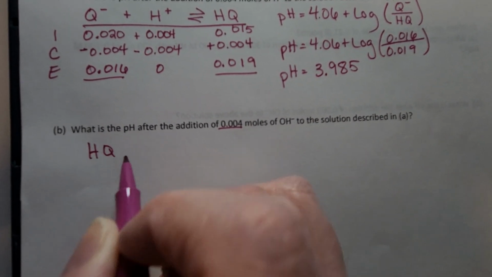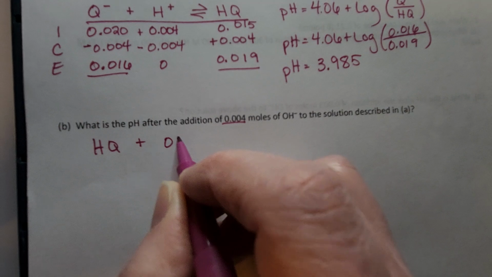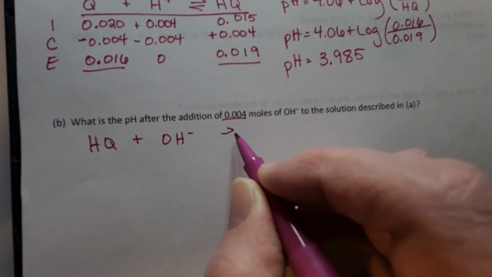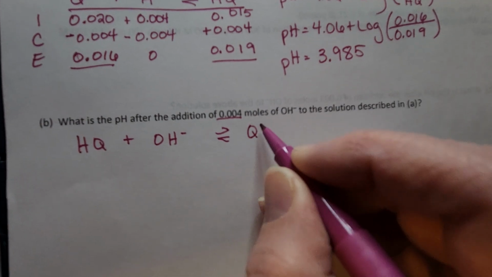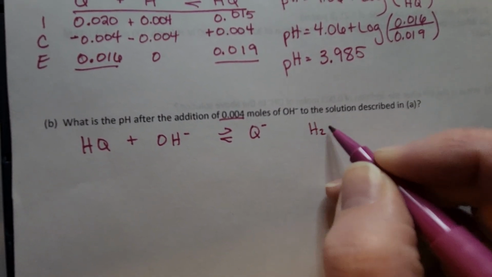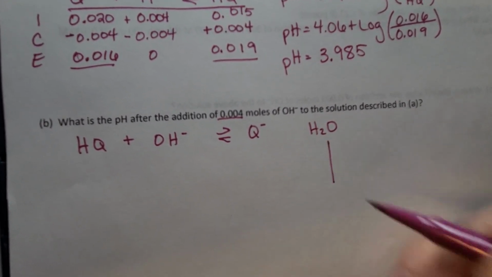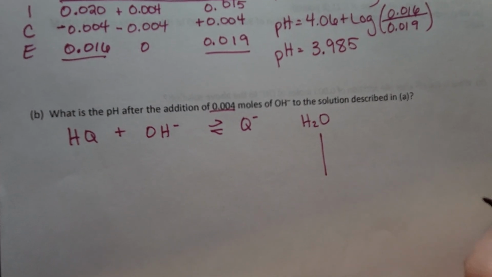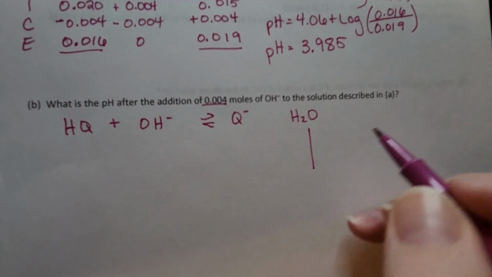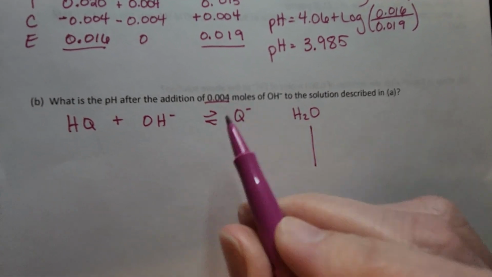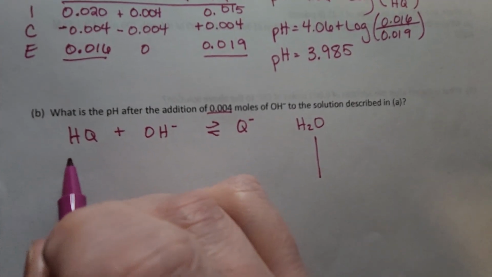And we're going to have HQ plus hydroxide. And this is going to give us Q minus and water. So our water does not come into play in the Henderson-Hasselbalch equation. It's just kind of there. So we don't really need to put that in, but that's what your reaction is going to look like.